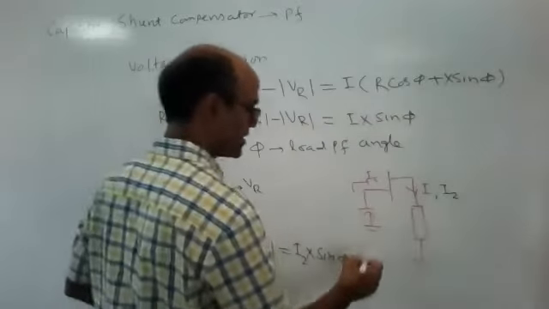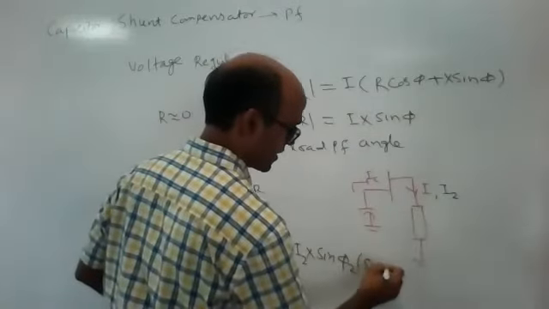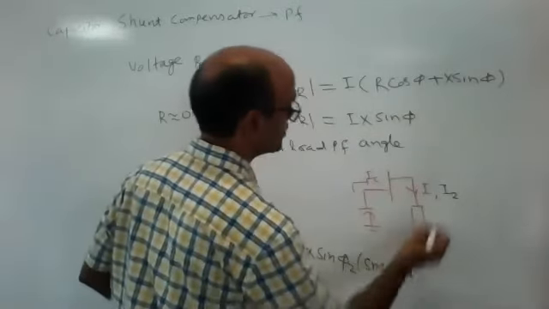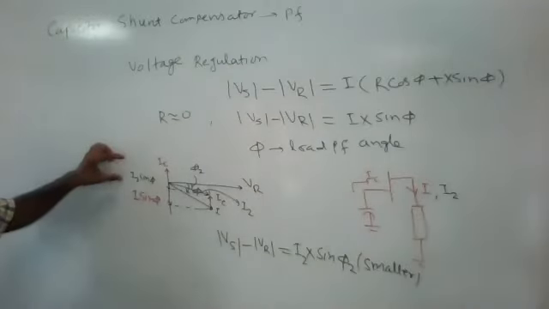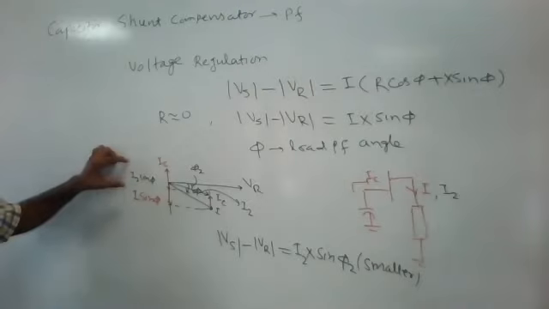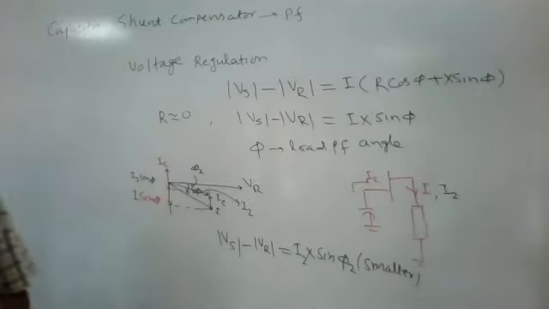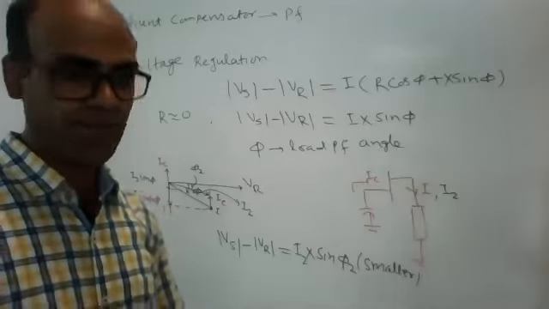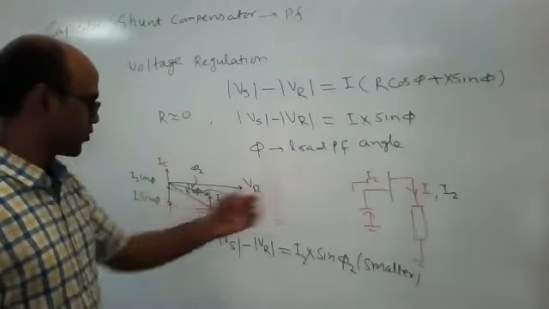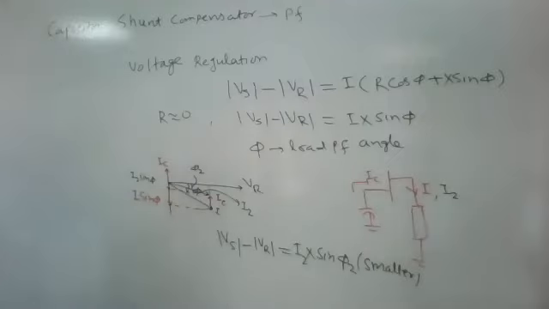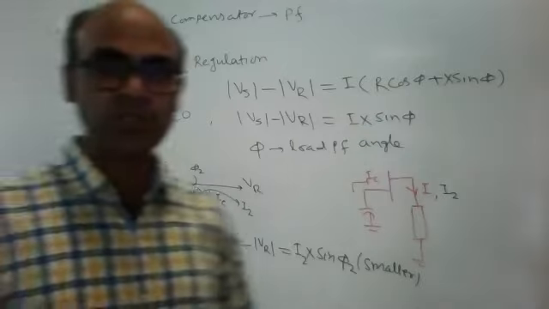So this is smaller as compared to this one. That means voltage regulation will improve. So this is the second effect. The shunt capacitor will also improve voltage regulation. So these two effects you have to keep in mind.